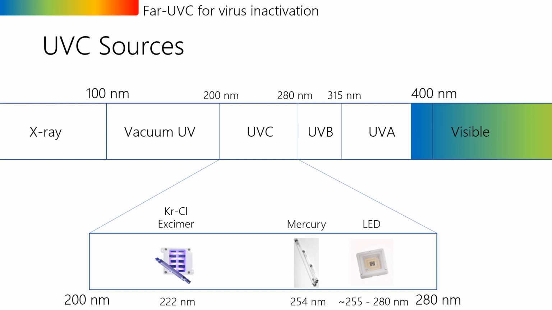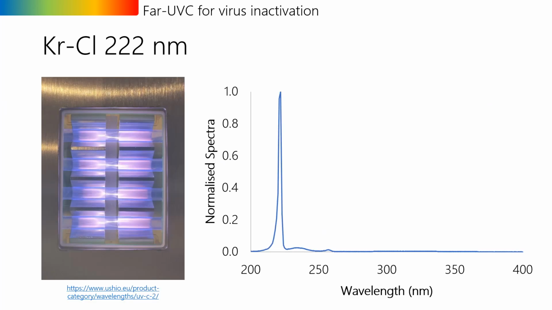This isn't an official term, but it is being used to try and separate this wavelength range from the conventional germicidal mercury lamp. The krypton chloride excimer lamp has a peak wavelength of about 222 nanometers, as shown on the slide here. Now, without a filter, there's also some low-level, longer wavelength emissions, which are important, as we're going to see later on.